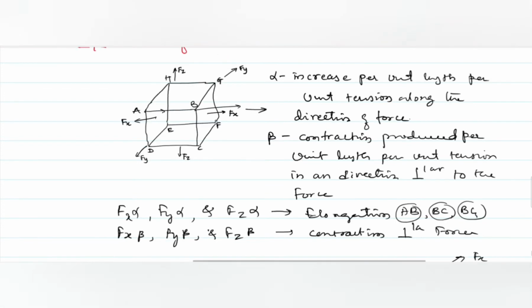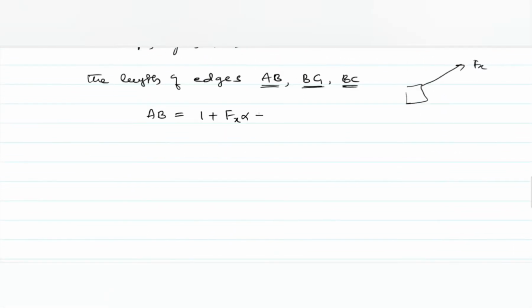So now here the contraction, it means the decrease in that length, is f of y into beta minus f of z into beta. Therefore, we are applying the bulk force, which means the force is the same in all directions, that is f of x equals f of y equals f of z, which is nothing but the force.